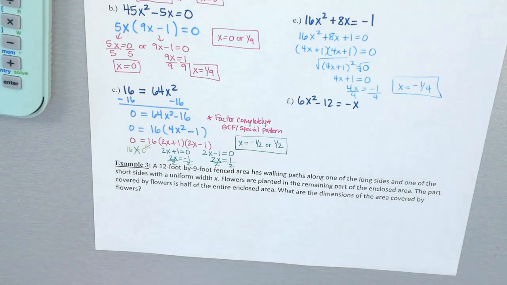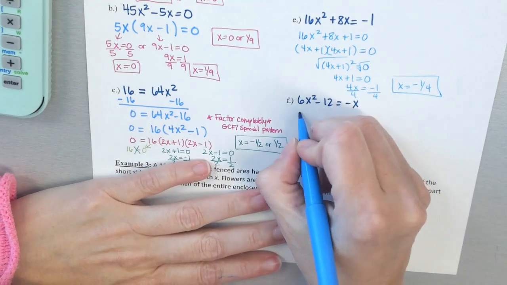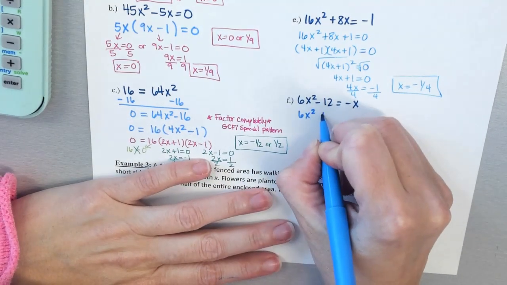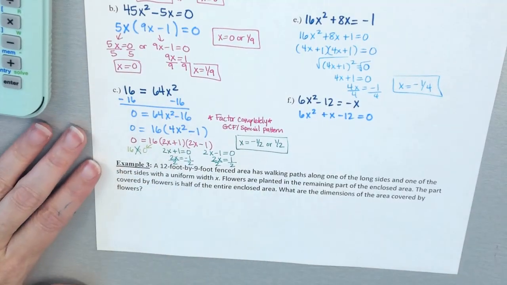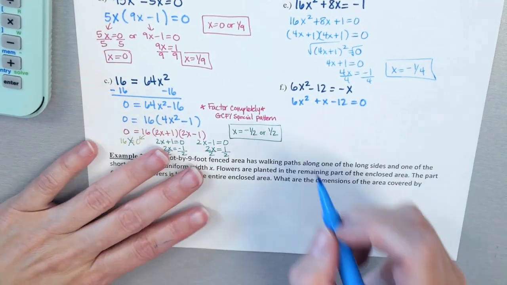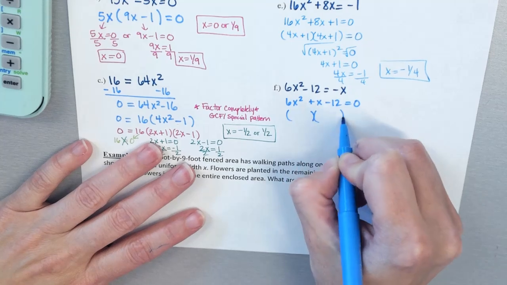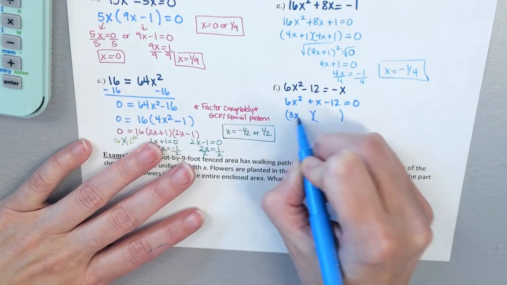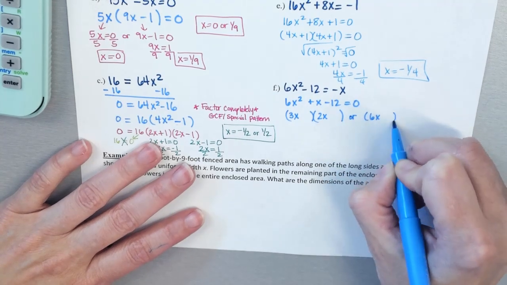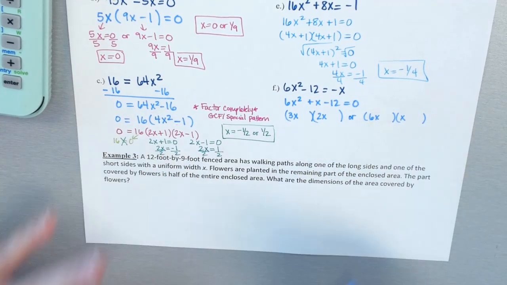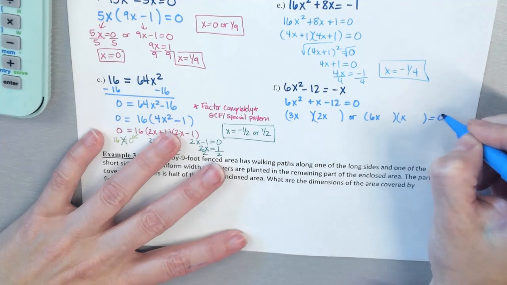Okay, and then for F, you are moving your x over, so you have x squared plus x minus 12 equals 0. Now here you're going to have to do some guessing and checking. So if it multiplies to 6, you either have 3x and 2x, or you have 6x and x. So you're going to have to decide which one of those is going to be correct.